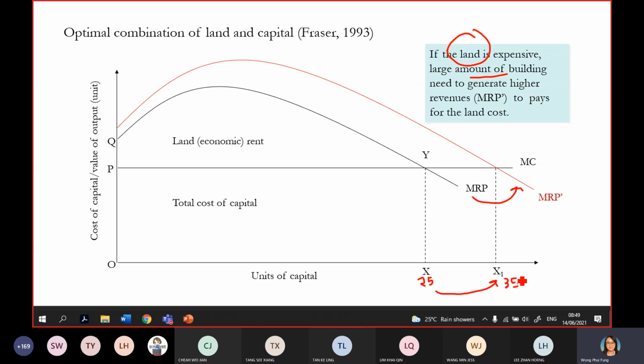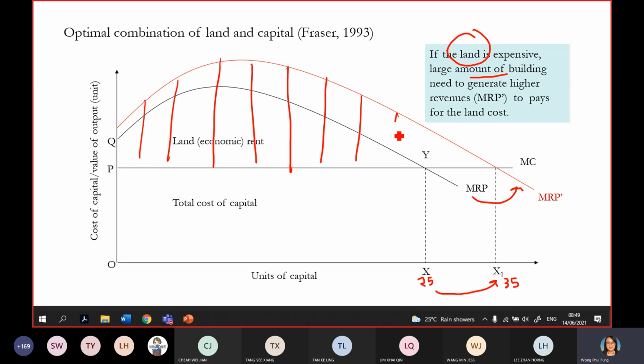Can you see that? Again, in city center, why you need to build higher is because you want to increase the marginal revenue product so that this area becomes bigger. Correct or not? This area, just now I already told you, rather than surplus profit, is also equivalent to land cost.